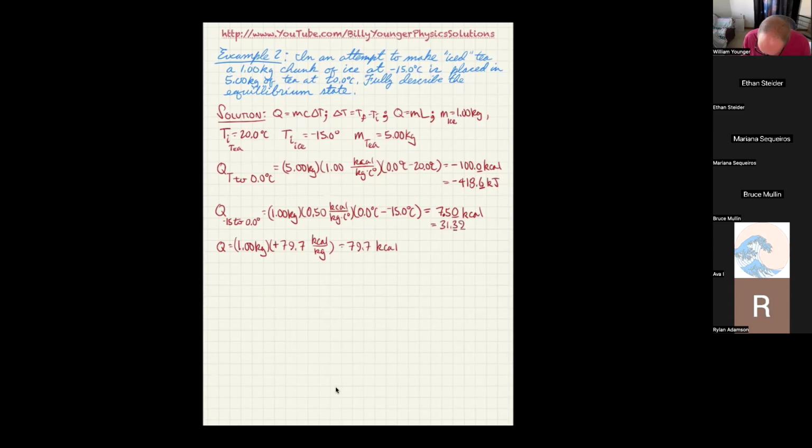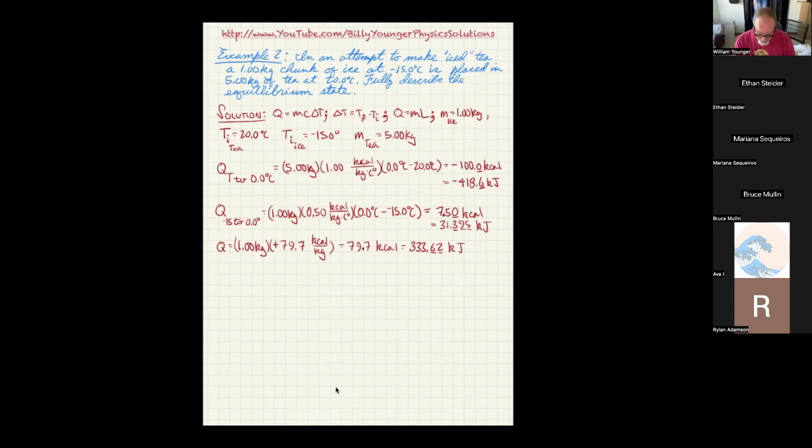Technically that only had 2 sig figs, so it's actually 395, by the way, and that's kilojoules. And then 79.7 times 4.186, that again is 3 sig figs, and that gives me 333.62 kilojoules.